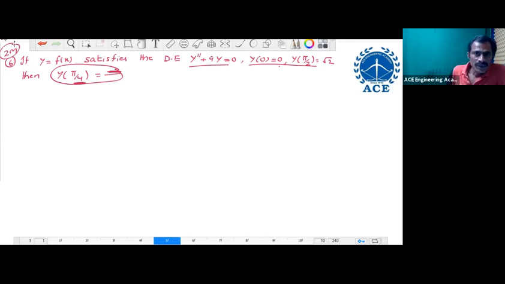And remember one point, in the first order first degree, we have discussed 6 methods. Out of 6 methods, 3 methods were important. What are the important methods? Variable separable, exact, and linear. Out of 3, which one is more important? That is variable separable.